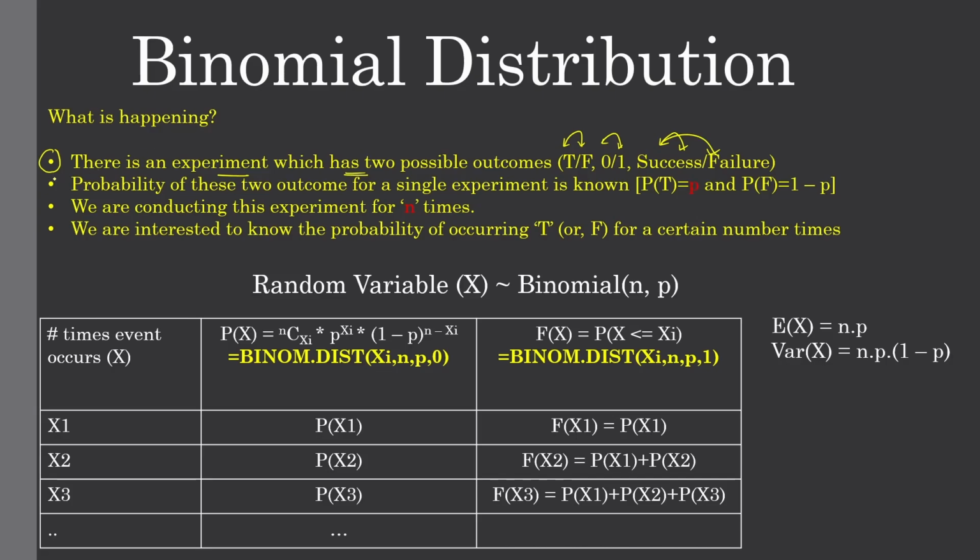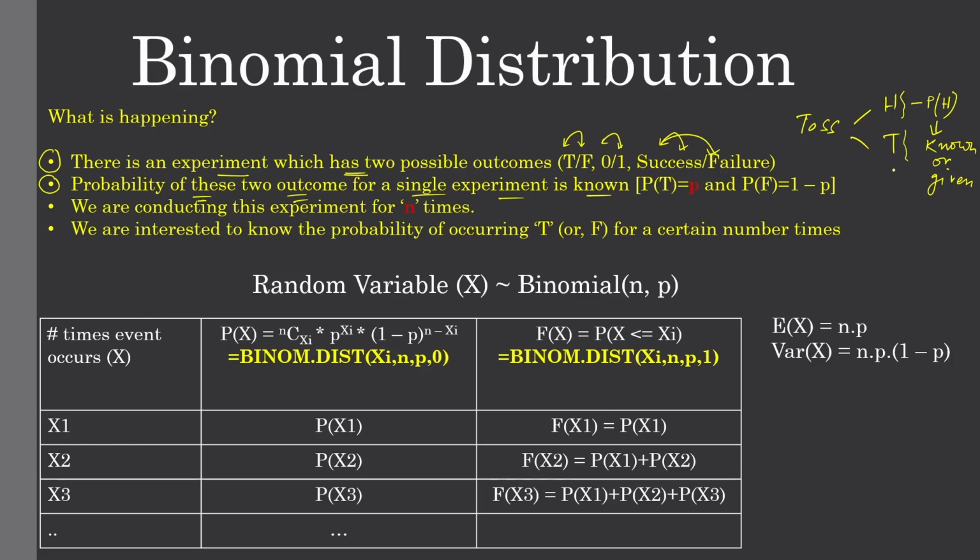So therefore the second point: the probability of these two outcomes for a single experiment is known. For example, tossing, we know the heads and tails are the two outcomes. So the probability of one outcome, for example, probability of heads, is known or given.